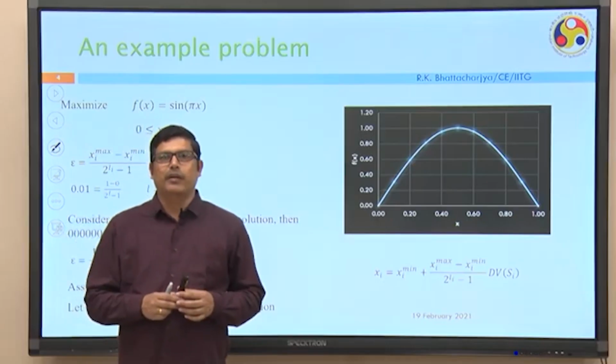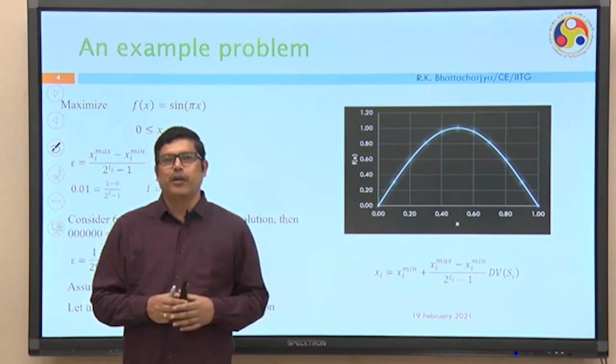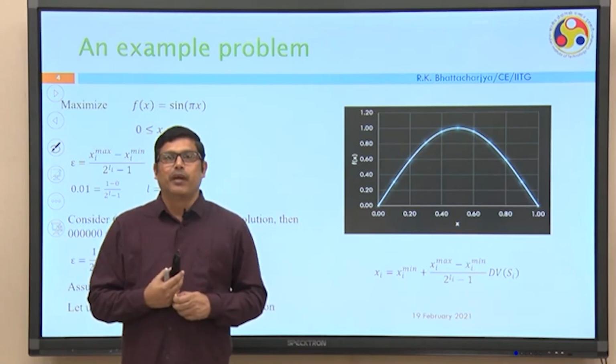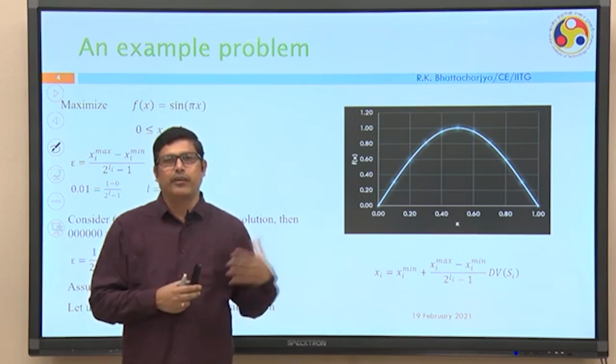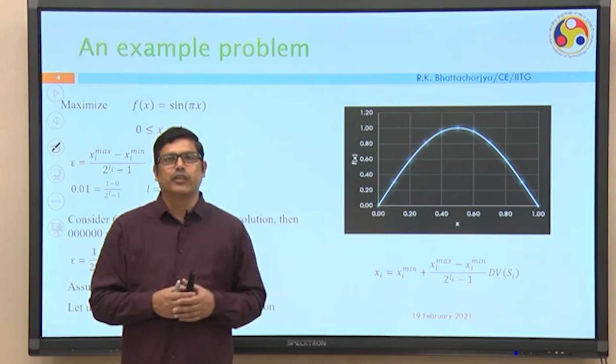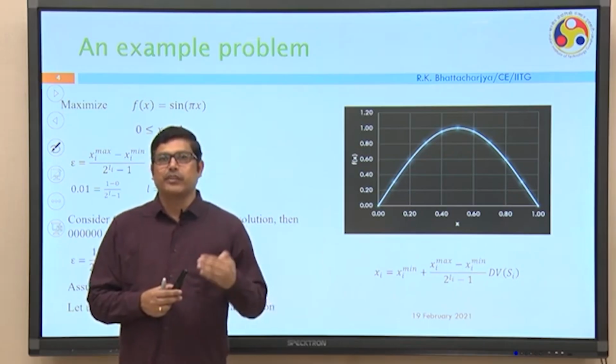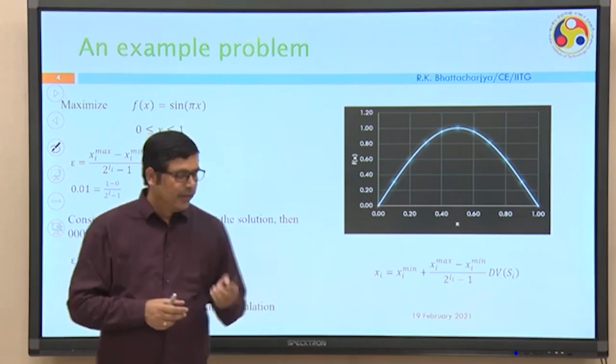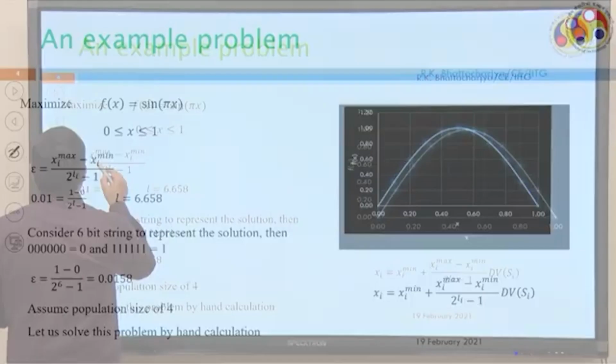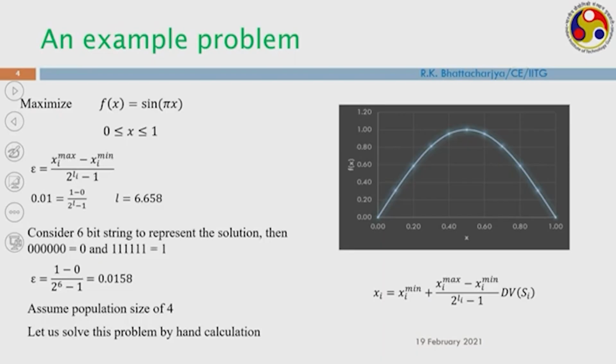Now, let us solve one example problem. This is a very simple example problem. We have only one optimal solution of this particular problem, and I will solve it here using hand calculation only, and then I will explain the different processes of genetic algorithm. So, the problem is a maximization problem, and the function is f(x) = sin(pi x), and x is between 0 and 1.